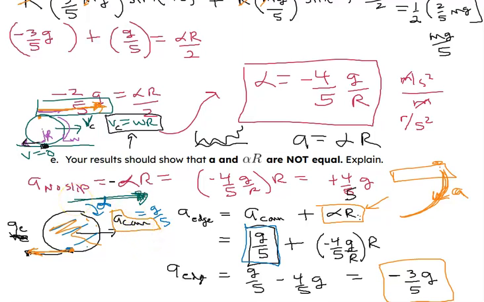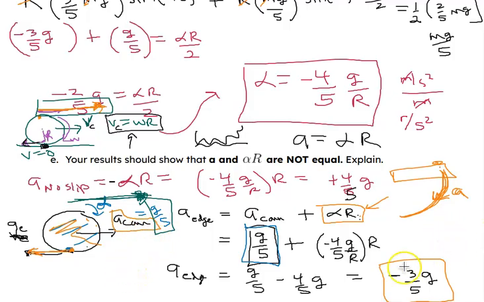So all of the higher to the right speeds are going to average out with some of these higher to the left speeds. And on average, all of the particles are accelerating to the right at g over 5.